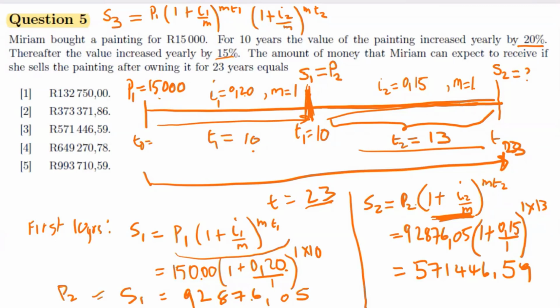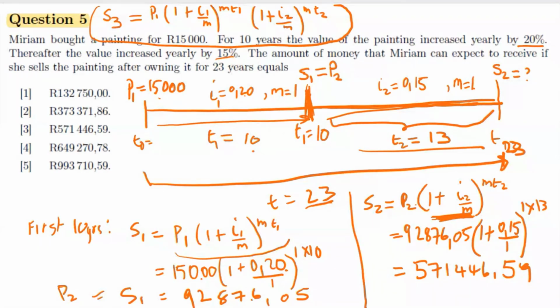So now you find that some texts just take you straight to this generalized formula. There's a danger of using generalized formulas without understanding how they were derived. So that's why I have taken time to show you how this formula was derived. You start off with your first 10 years part, and then you finalize with your last part.